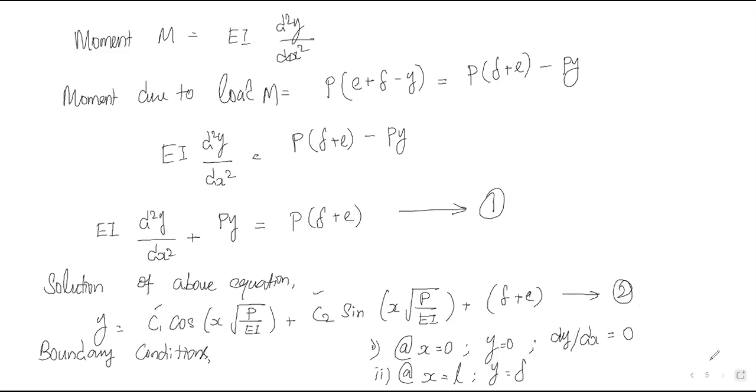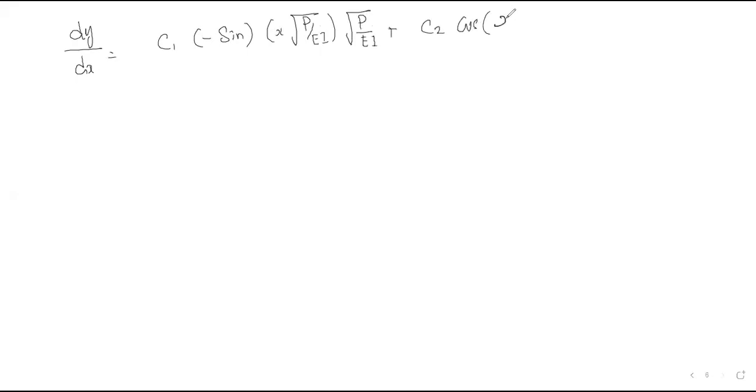Let us move on to the calculation of slope. dy by dx is equal to C1 into minus sine x into root under P by EI into root under P by EI plus C2 into cos x into root under P by EI into root under P by EI.